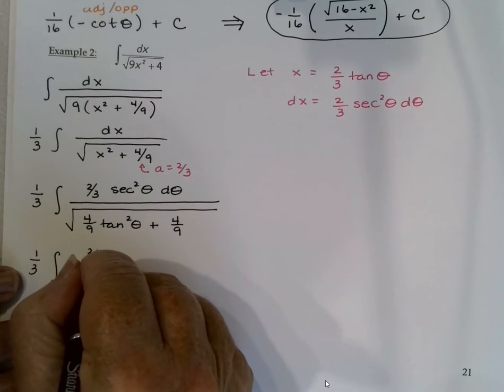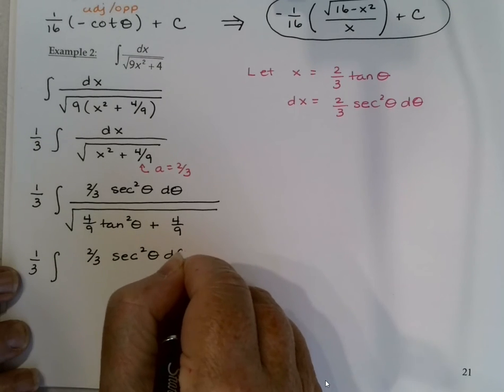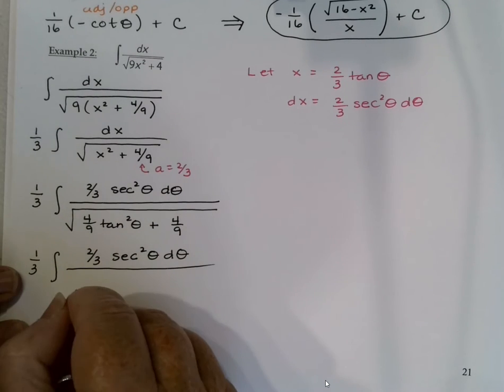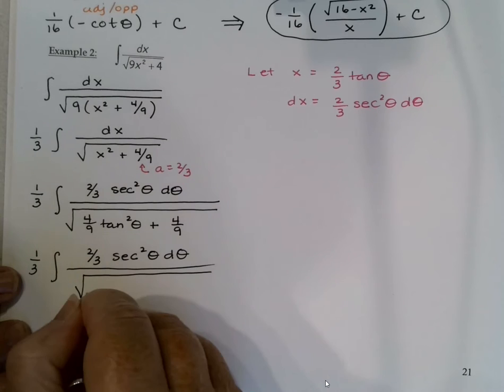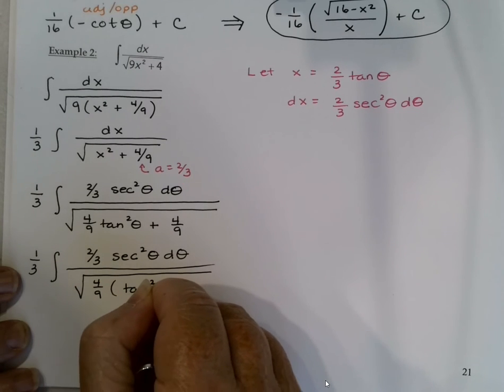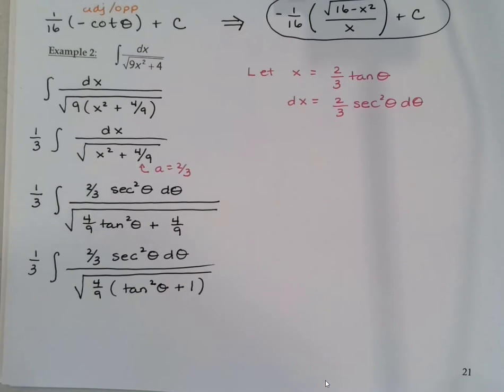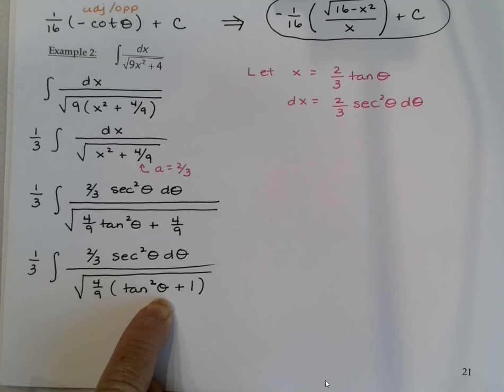First thing I'm going to do in that denominator is factor out the 4/9. And there's another familiar Pythagorean identity. Tangent squared theta plus 1, that's just secant squared theta.